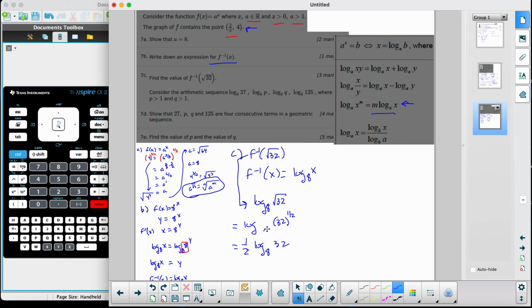It should be going down here to have the proper notation. The reason I thought I should do that is I can now rewrite this as 1 half, parentheses, log base 8 of 8 plus log base 8 of 4.